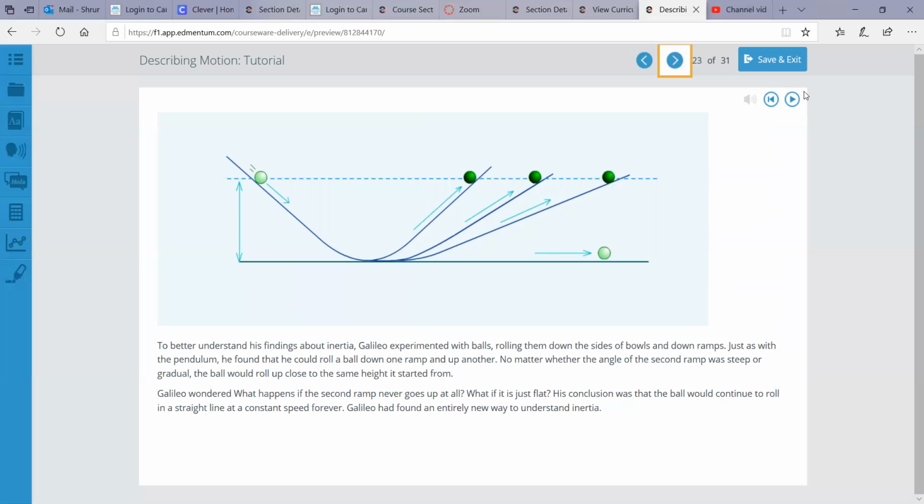No matter whether the angle of the second ramp was steep or gradual, the ball would roll up close to the same height it started from. So he wondered, what happens if the second ramp never goes up at all, if it was just flat? His conclusion was that the ball would continue to roll in a straight line at a constant speed forever. Galileo had found an entirely new way to understand inertia.